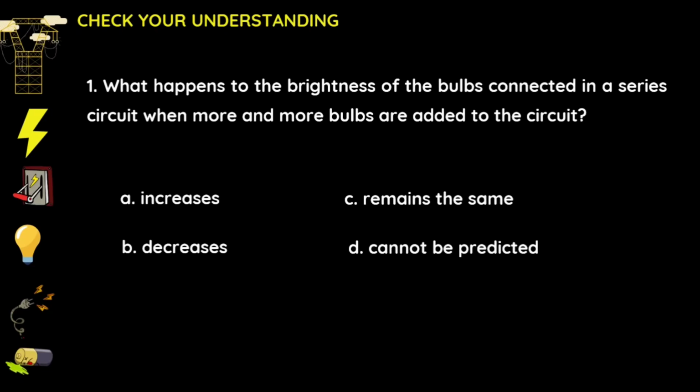Letter D, cannot be predicted. Okay, if your answer is letter B, decreases, then your answer is correct. So the brightness of the bulb decreases if you add more and more bulbs to the circuit.